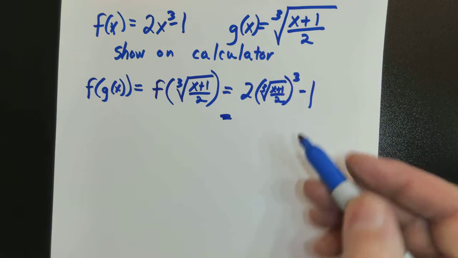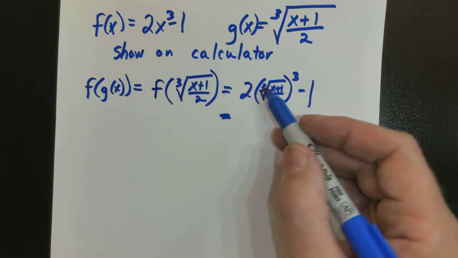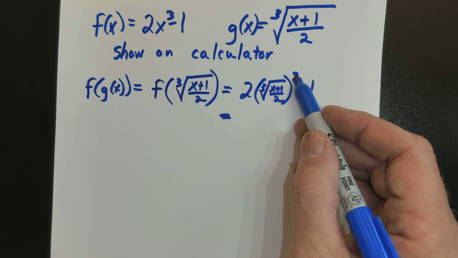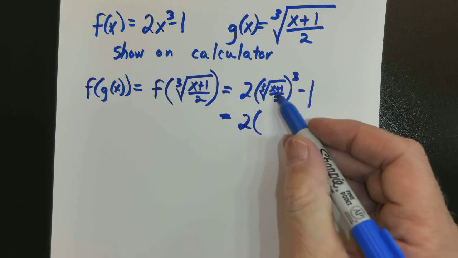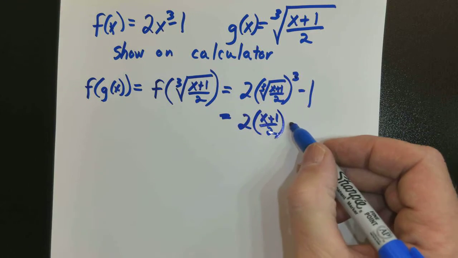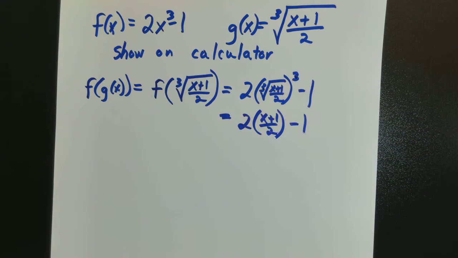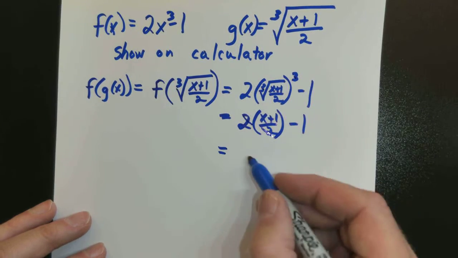What's the first simplifying we should do there, Quinn? The cube root and the cube are canceling out. So let's go 2 times x plus 1 over 2 minus 1. The 2's do cancel out.